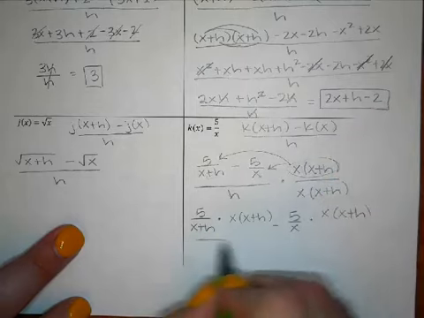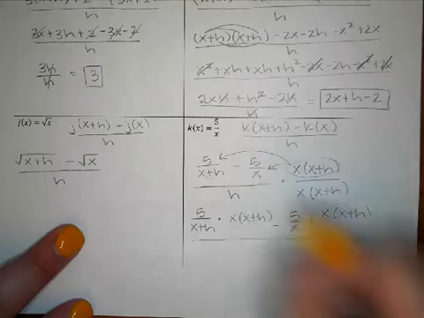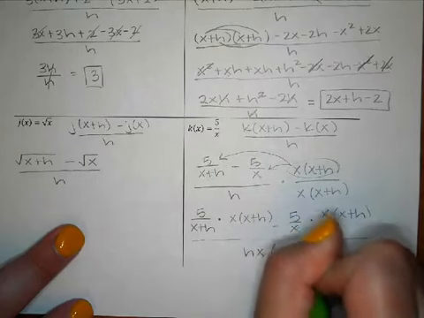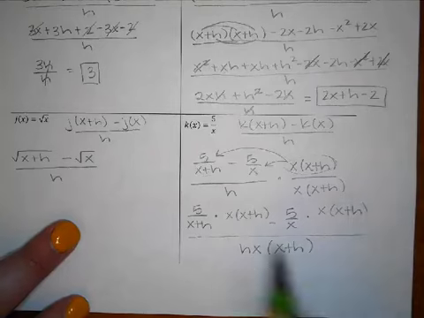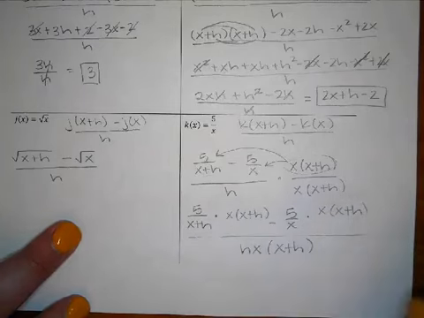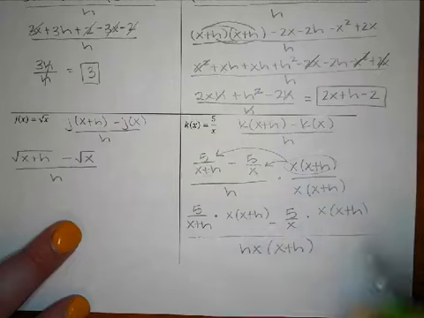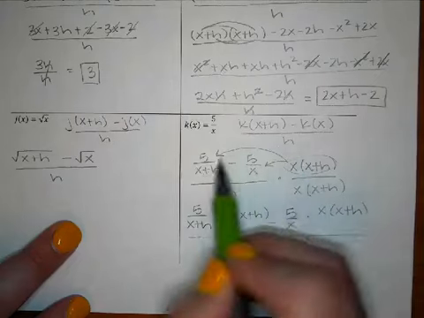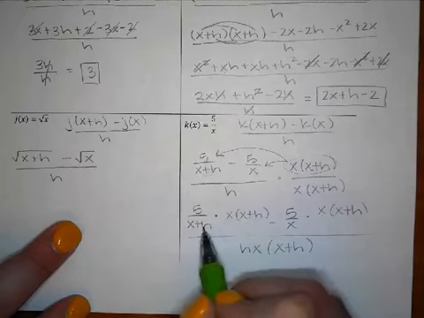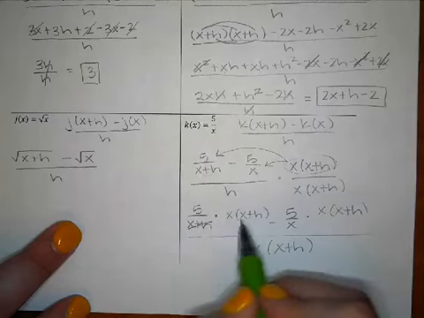And then on the bottom, we have an h and an x plus h. Now, this part you don't usually have to write down. I wrote it down because this might be your first time seeing it, but you can do this part in your head. So when you multiply, I can see that the x plus h multiplied and the x plus h divided are going to cancel each other out, and I'm going to be left with 5x.